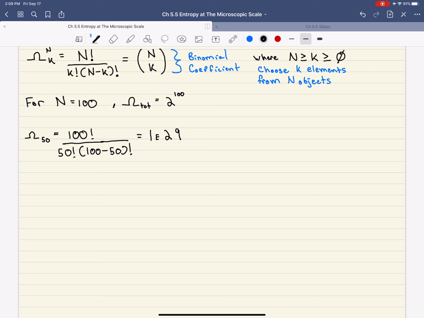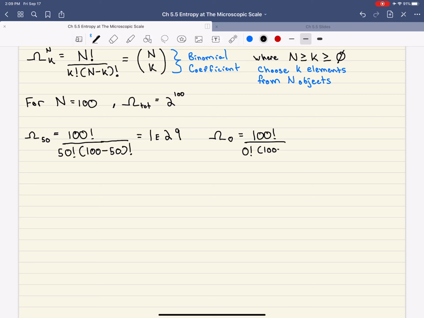All right, we could compare this to the multiplicity of the case where we have no heads up. So every coin, somehow after we flip them, is face down. And so in this case, once again, we have 100 factorial in the numerator. Our k is 0 factorial, and if you remember from, I guess, any of your calculus classes, 0 factorial is just 1.